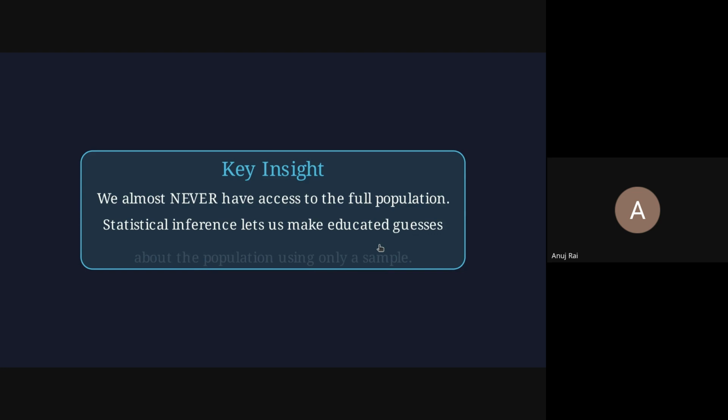The key insight is that we almost never have access to the full population, and statistical inference lets us make an educated guess about the population using only a sample. So when we get the sample data, our goal is to get a clear idea about the population, not about the sample, of course.